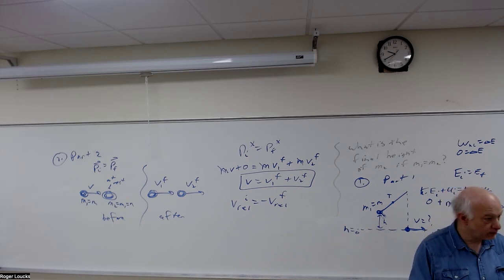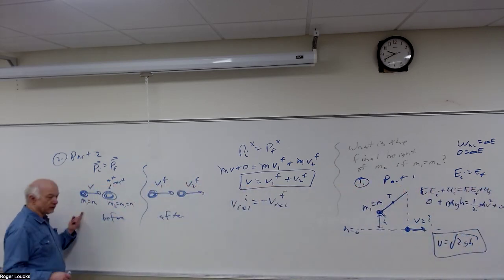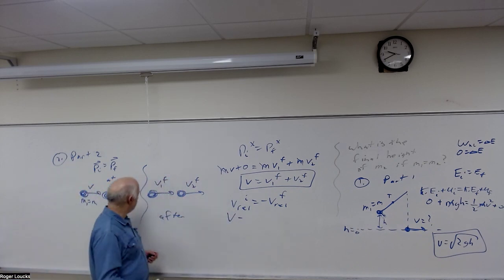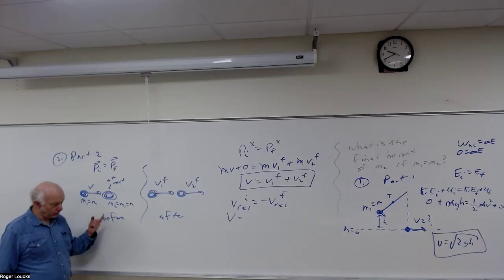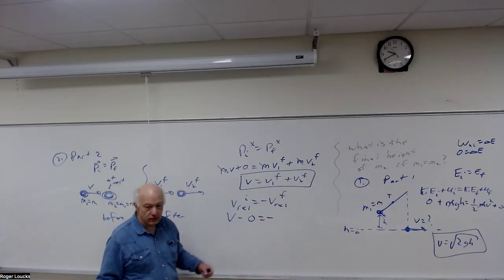So what does that give me then? V1 is our friend here, V. Minus V2 is 0. Equals minus, what do we have on this side then?